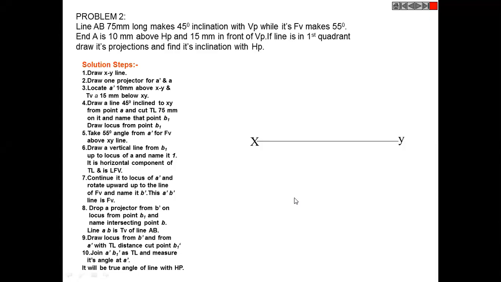Assume that box to be available there. You all are having your box with you. So the next step is we write it here VP and here HP. Now it is a lot easier to locate A, isn't it? So A is located as per given dimension 10 mm and 15 mm, correct?